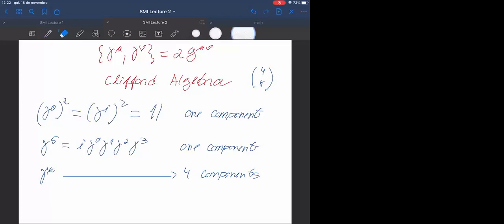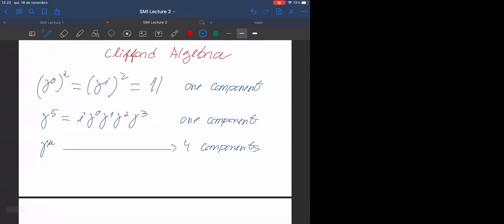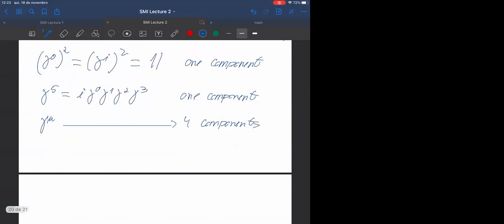I think this is in a book by Carlo Giunti. I just want to let you know that there is a more combinatorial explanation of this simple counting that I'm doing here. The details are in the Carlo Giunti book that I've shown you, because he has a combinatorial formula to get this rigorously, basically.